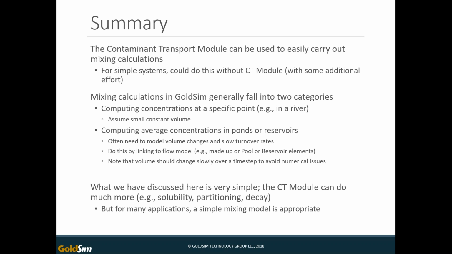The more complicated your model gets, the more species you're modeling, the more difficult it is to do that calculation by hand. And why bother doing it by hand? GoldSim will do it for you. If you've got more complicated things going on, things that we haven't talked about, like partitioning and solubility, you really can't do it by hand. You really have to let GoldSim solve the coupled system of differential equations.